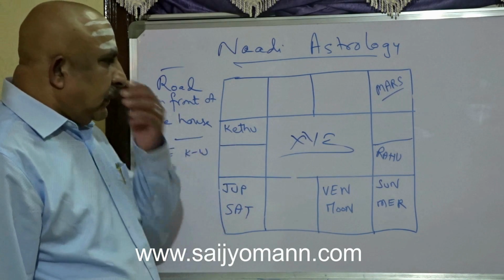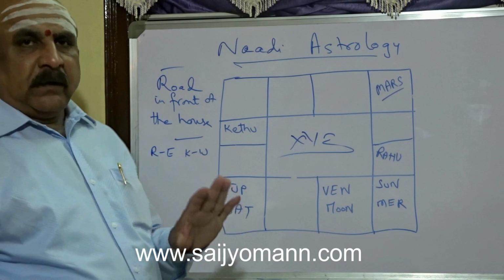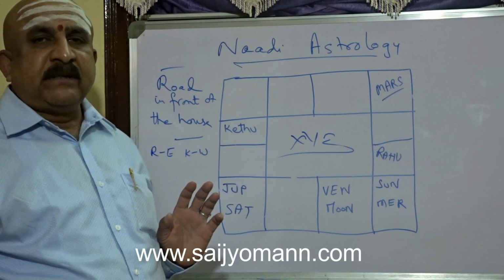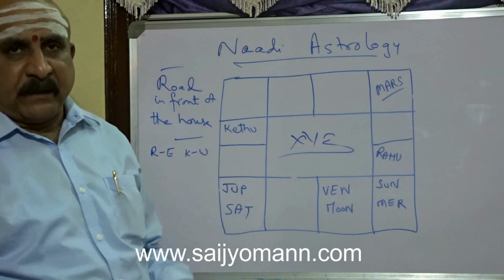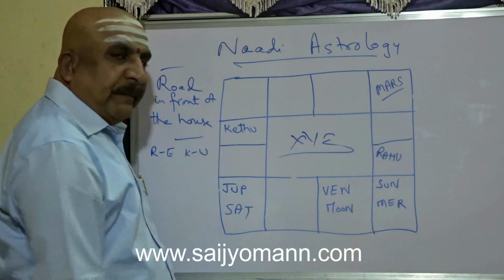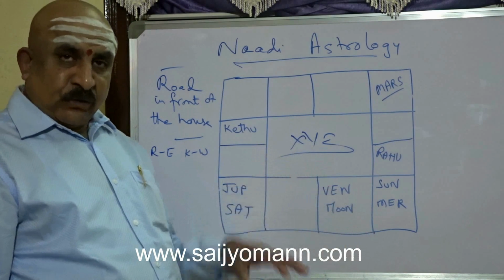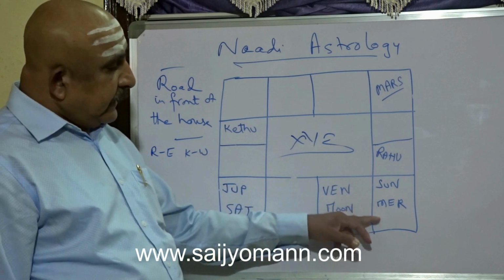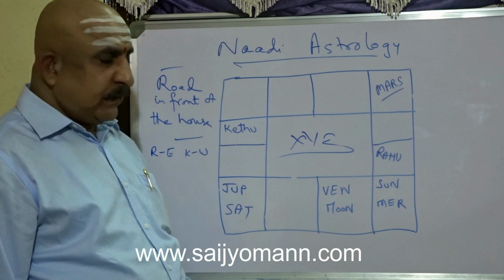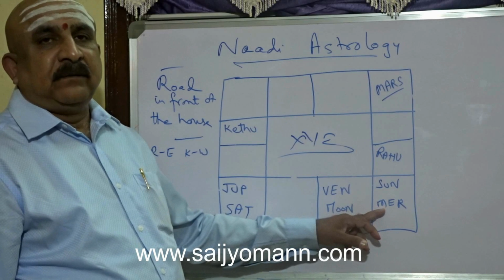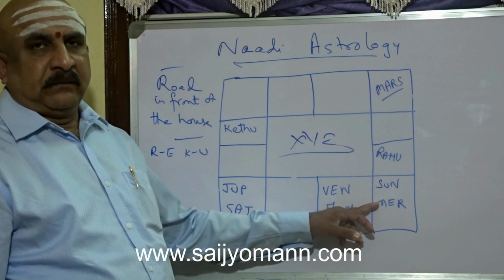Next. Sun, Moon is over. Let us take his education part. Mercury is the significator of education. Mercury is in his own place. He is with Sun. Mercury is exalted. Ucchasthanam, exaltation.